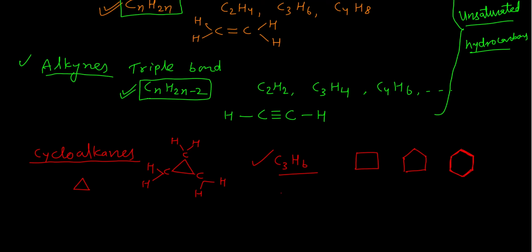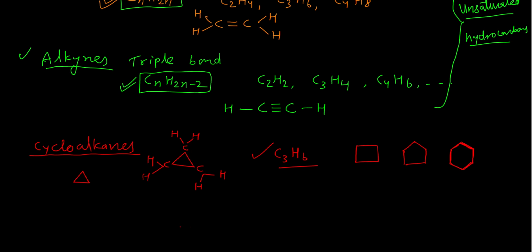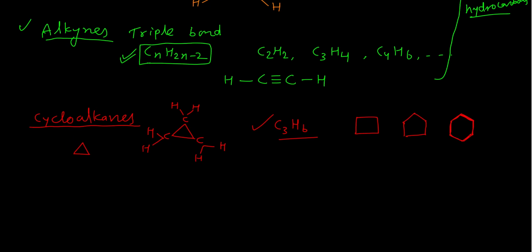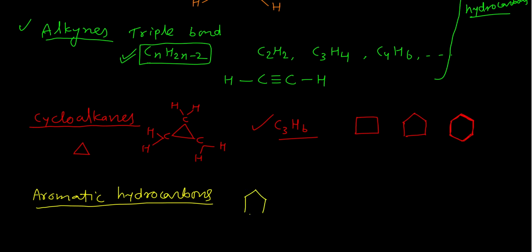Okay, so cycloalkanes. And one last category that I would like to discuss is your aromatic ring or benzene ring containing compounds. So aromatic hydrocarbons. What are aromatic hydrocarbons? At least one benzene ring will be present here like this.